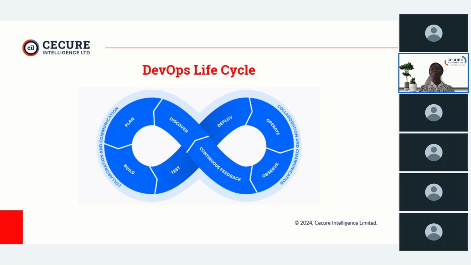All of this put together becomes another problem to brainstorm on, which goes back all the way into the circle, which is the discovery phase, where all the teams come together and brainstorm on what the problem is and what solution we want to provide. So the feedback from your monitoring phase, from your customers, and from your own evaluation of the solution becomes another problem to provide a solution to, and the whole circle starts all over again from discovery down to plan, to build, and way down to continuous feedback.